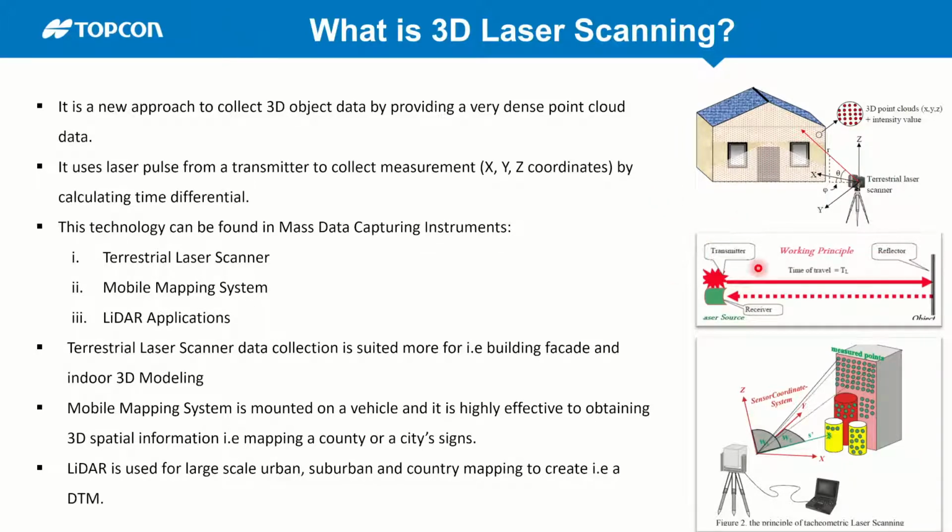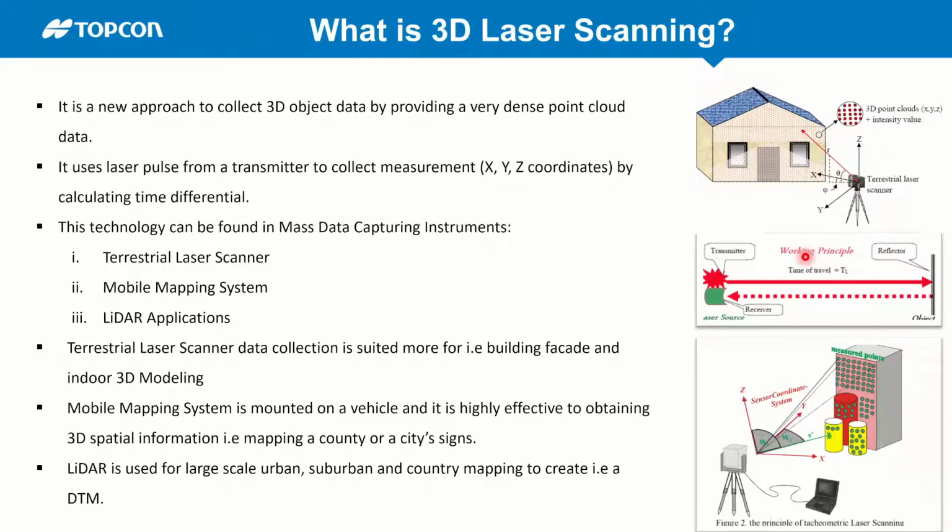Okay, and this technology can normally be found in mass data capturing instruments, for example, the terrestrial laser scanner, the mobile mapping system, and also in any LiDAR application. So in summary, the terrestrial laser scanner is more suitable for building facades and also some indoor 3D modeling.